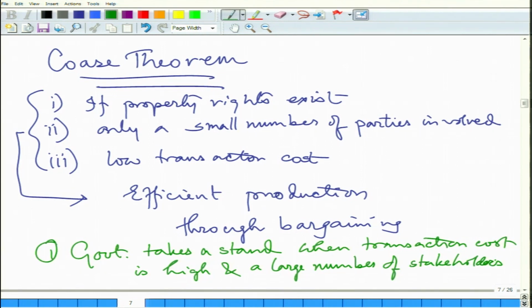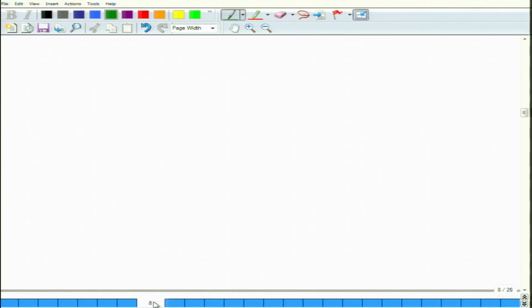Yes. And that means when the transaction cost is low, only then is this Coase theorem applicable.